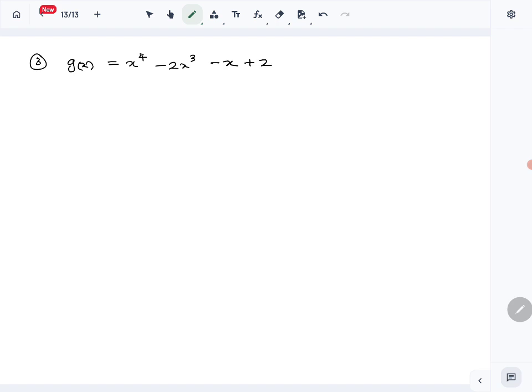Right, this one, it looks like grouping works. I can group these two and create the same factor. See, I can take x cube out. I get x minus 2, and from the second, take minus 1 out, so x minus 2, minus 1 out.